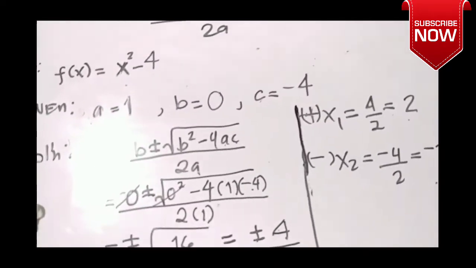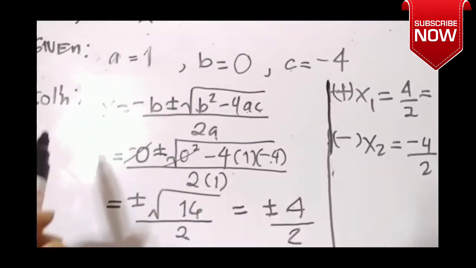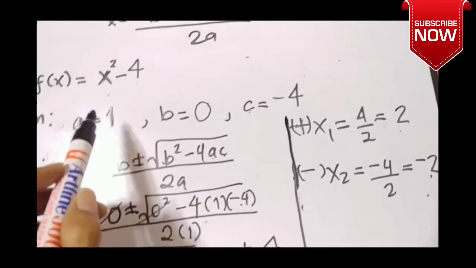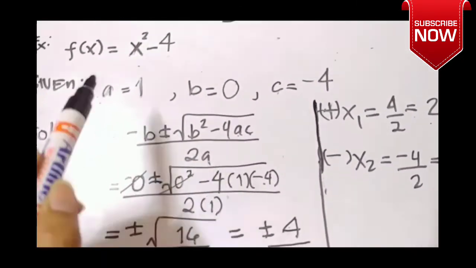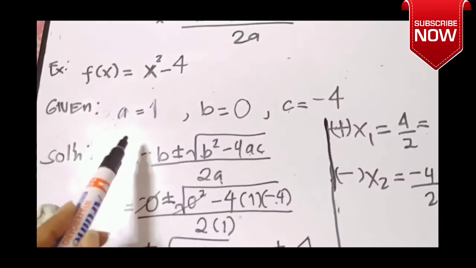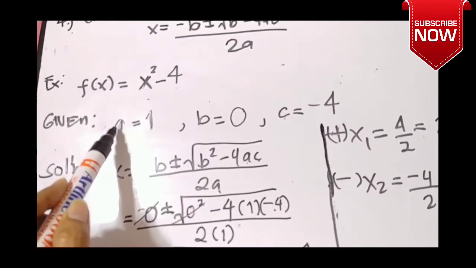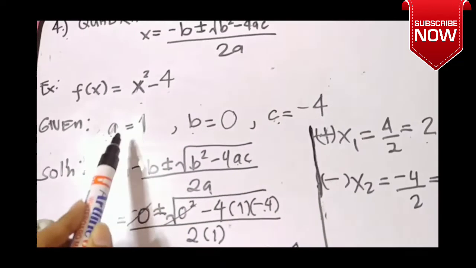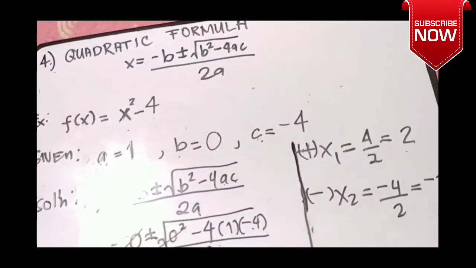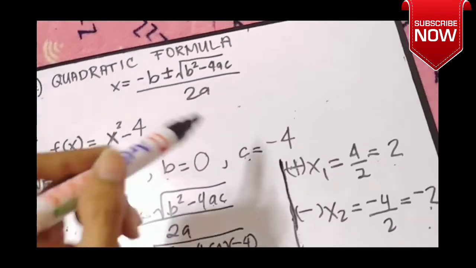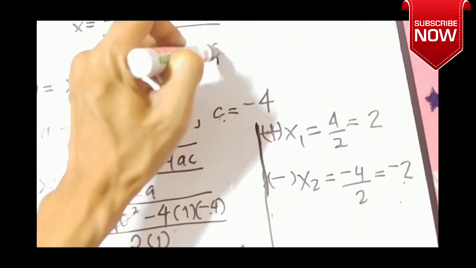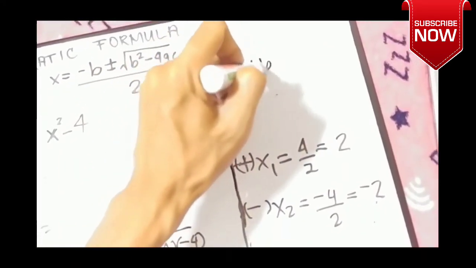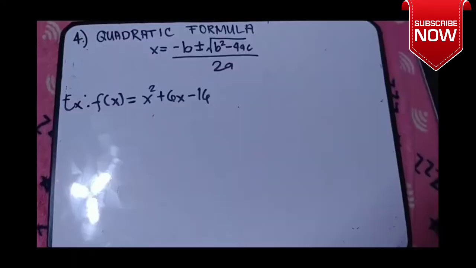Dito sa quadratic formula, all you have to do is to substitute those given values. So ito lang problema mo, dapat malaman mo pinakaunang first step na gagawin mo, aalamin natin yung values ng A, B, and C. In which A, B, C galing yan sa general form of quadratic equation na f of x equals ax squared plus bx plus c.